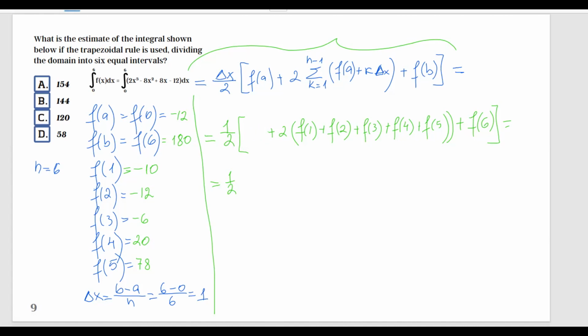Here, instead of minus 12, I think I should have written f of a, which is f of 0. Let's be consistent. Perfect.